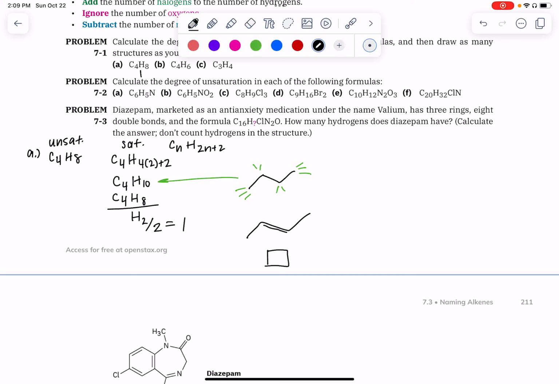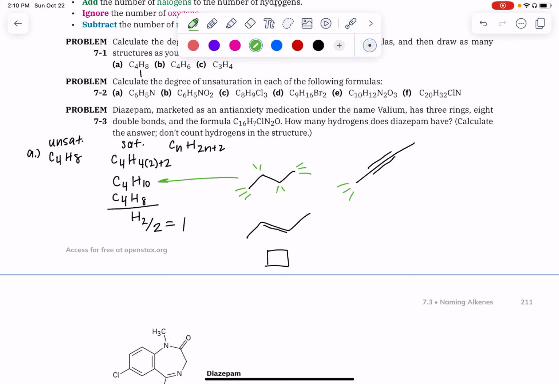And then, you can count a pi bond as more than one pi bond. So a triple bond, that's 1, 2, 3, 4. But we have to remember that we need to have 8 total hydrogens to our 4 carbons. And I don't believe this one does.